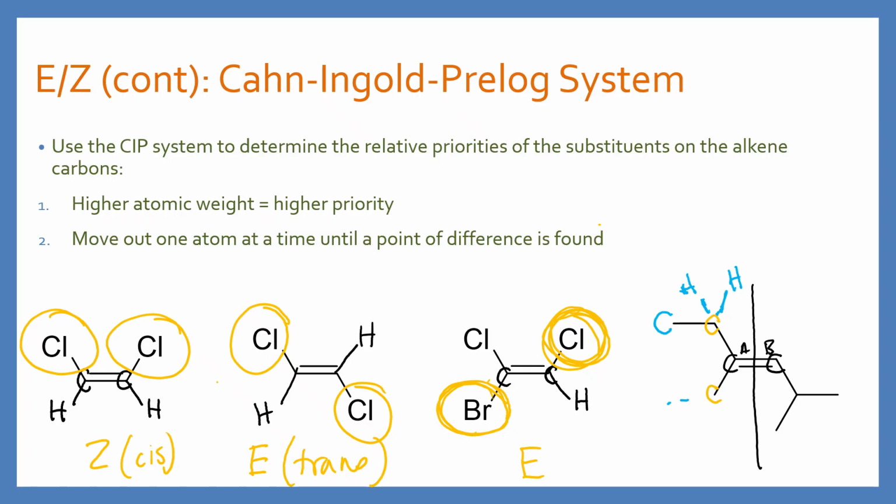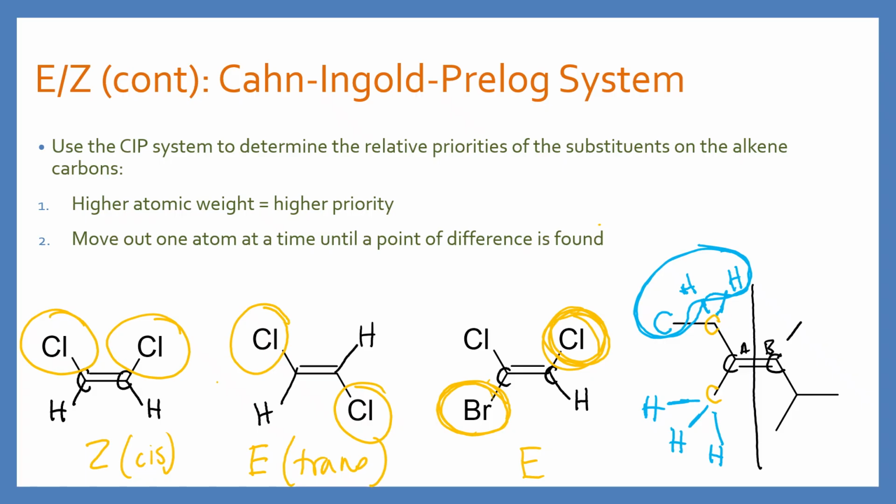The bottom carbon is bonded to a hydrogen and a hydrogen. So now we're comparing carbon, hydrogen, hydrogen to hydrogen, hydrogen, hydrogen. Carbon, hydrogen, hydrogen is going to be the higher priority. So the ethyl group is the higher priority because we get to another carbon, whereas on the lower one, we don't have any more carbons, we just have hydrogens. So the top group is the priority because of that.